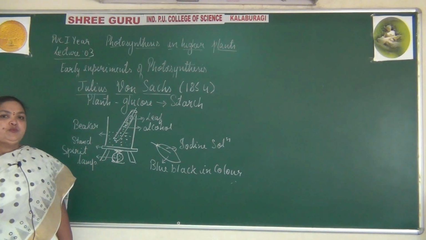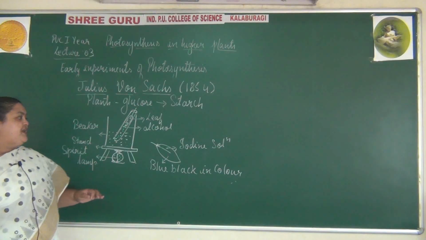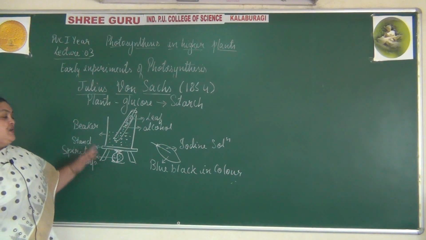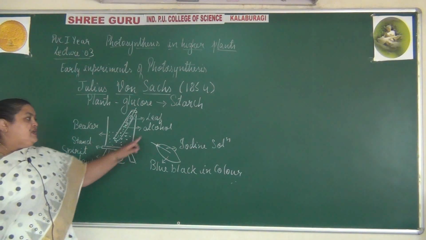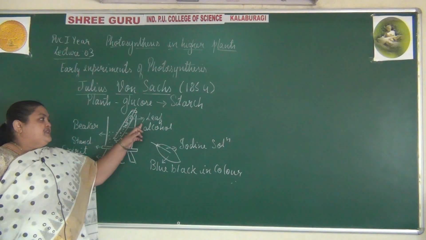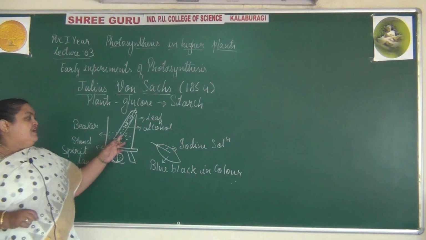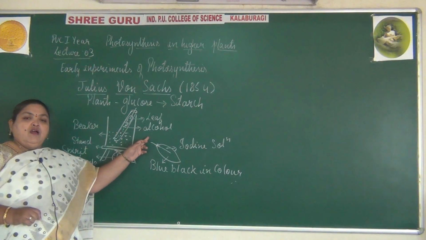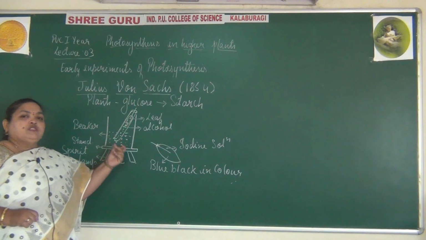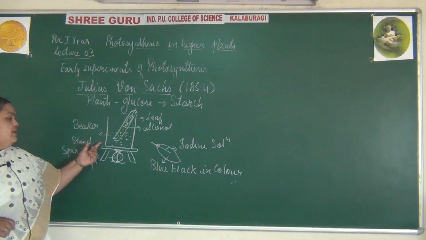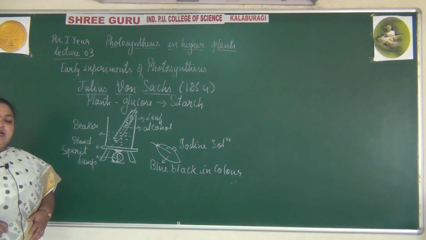I will repeat the experiment. In this simple setup, he used a beaker, a tripod stand, a spirit lamp, spirit or alcohol, a test tube and a leaf. The leaf was placed in the test tube containing alcohol, immersed in a beaker with the help of a spirit lamp.